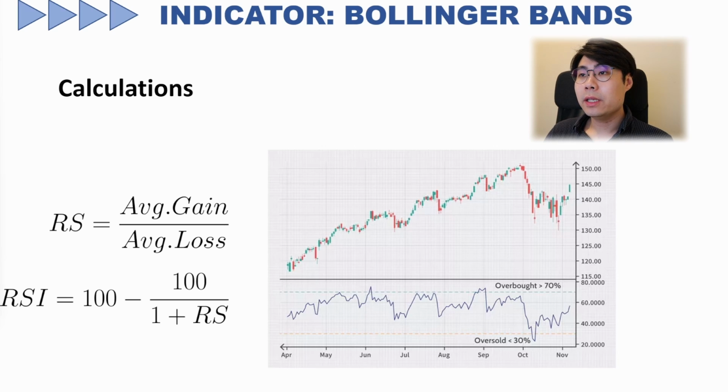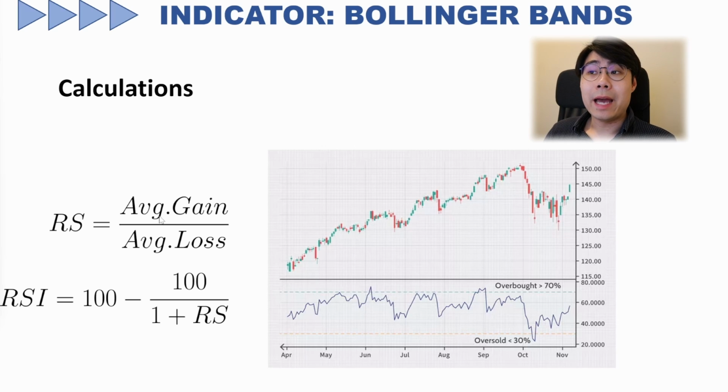To calculate the relative strength index, you first have to calculate the relative strength, which is the average gain over the average loss. Then you use the formula below: 100 minus 100 over 1 plus the relative strength, and you will get a number that's between 0 and 100. This might not make too much sense right now, so let's take a look at an example.